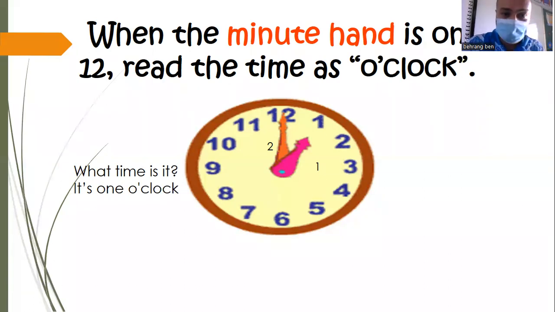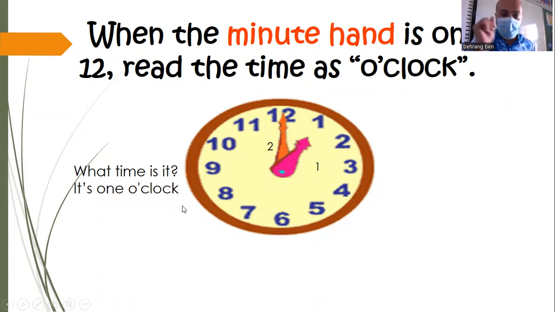What time is it? Now you can answer teacher Ben. Teacher Ben, it's 1 o'clock. It's 2 o'clock. It's 3 o'clock. Yes. All right.